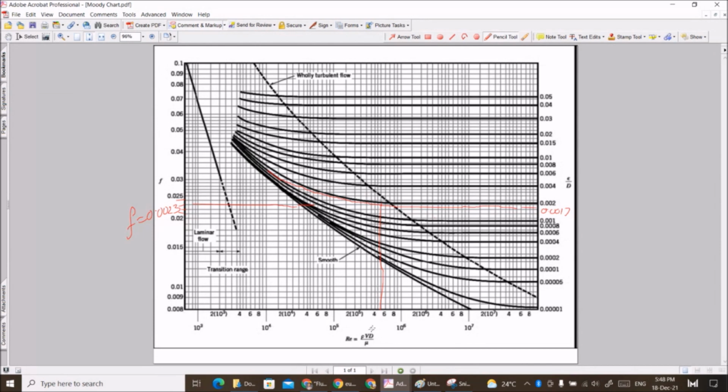Yes, here. So Reynolds number is near about 5 into 10 to the power 5. So R is equal to 5 into 10 to the power 5. Okay, so we will check whether it is correct or not.